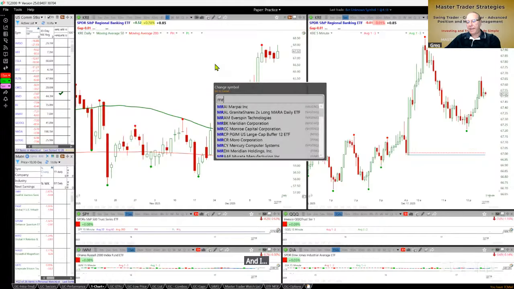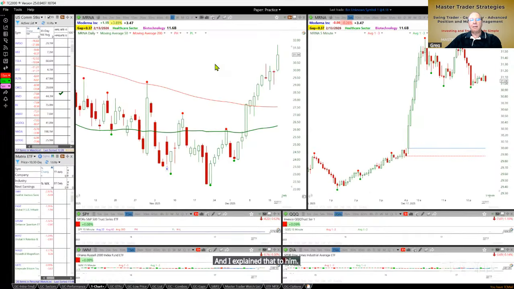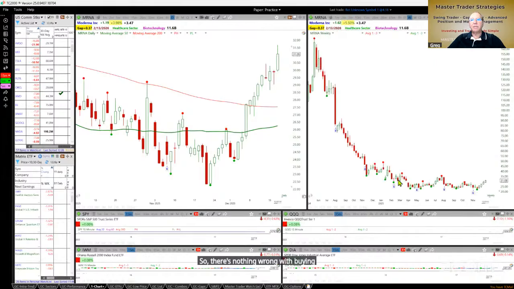I explained that it might run away. There's nothing wrong with buying a small position and letting it wiggle. By buying a small position, you're more inclined to keep an eye on it and not miss the opportunity.